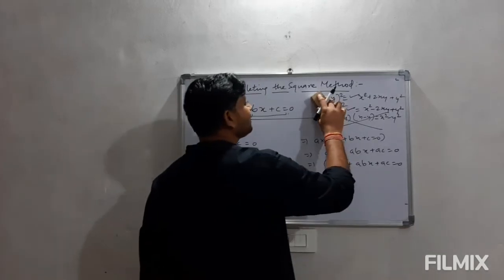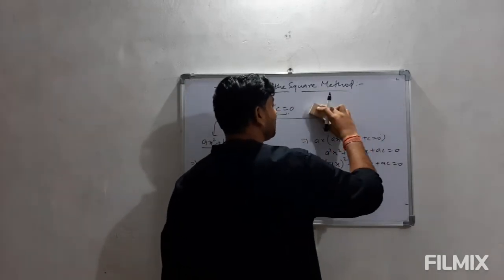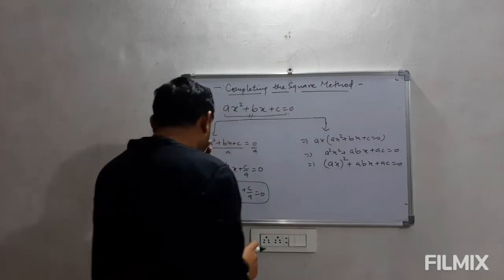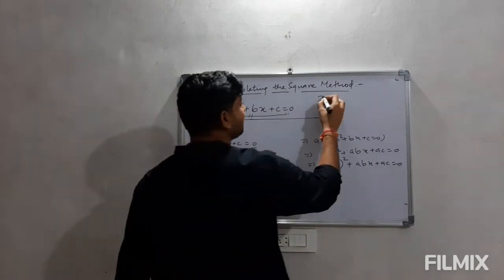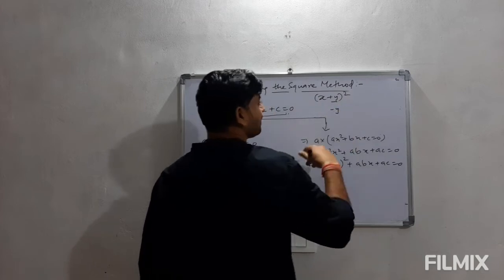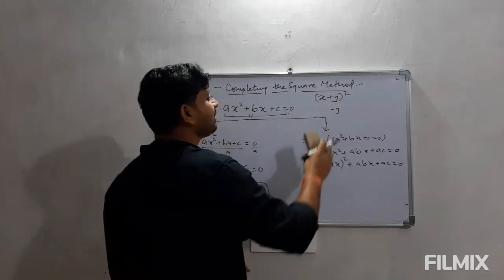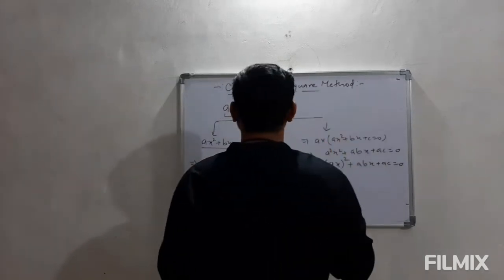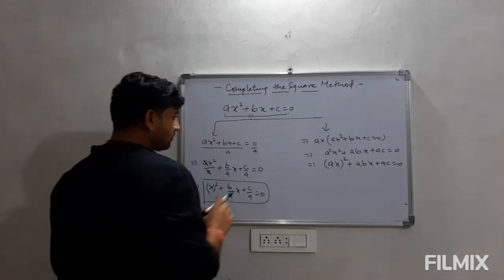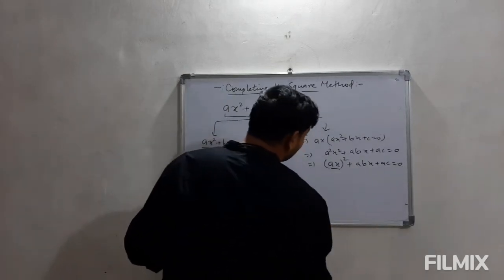But here we will consider the first one only, and the reason behind this is that if we replace plus y in the first identity with minus y, we will get the second identity. So this is very simple here. So what we are going to do here is that we have written this as whole square.